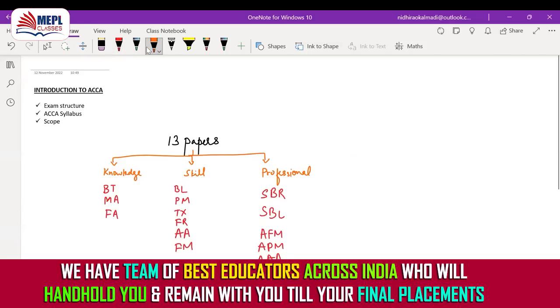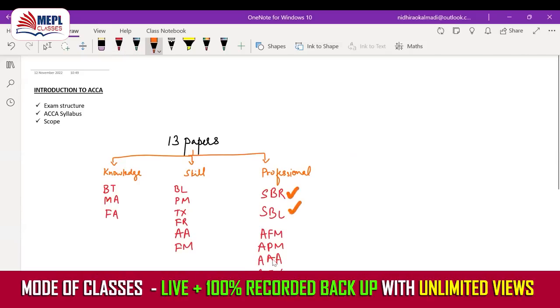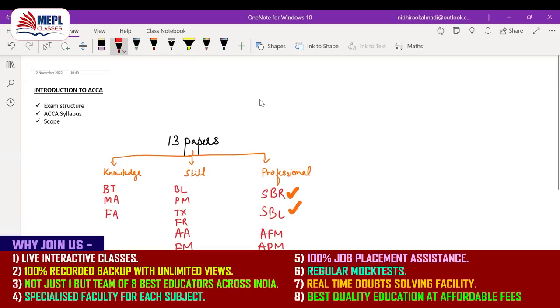So these 2 papers are compulsory, and out of these 4 papers, you have to write any 2 papers. It is up to you. You can either choose AFM and AAA or APM and AAA or APM and AFM. The combination is up to you, depending on the preference of the student.